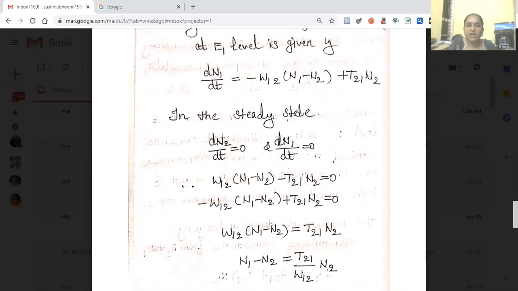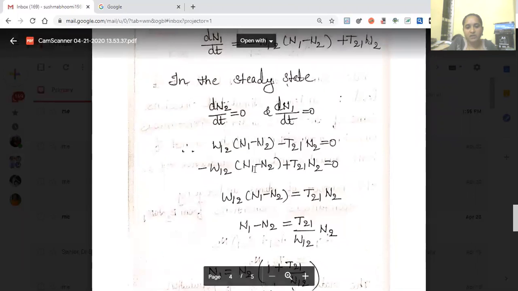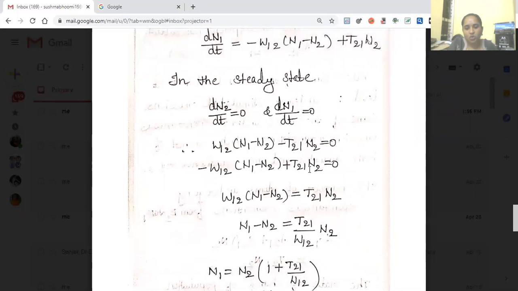Now we'll take both equations. W12 (N1 minus N2) minus T21 N2 equal to 0, and minus W12 (N1 minus N2) plus T21 N2 equal to 0. So this becomes W12 (N1 minus N2) equal to T21 N2.